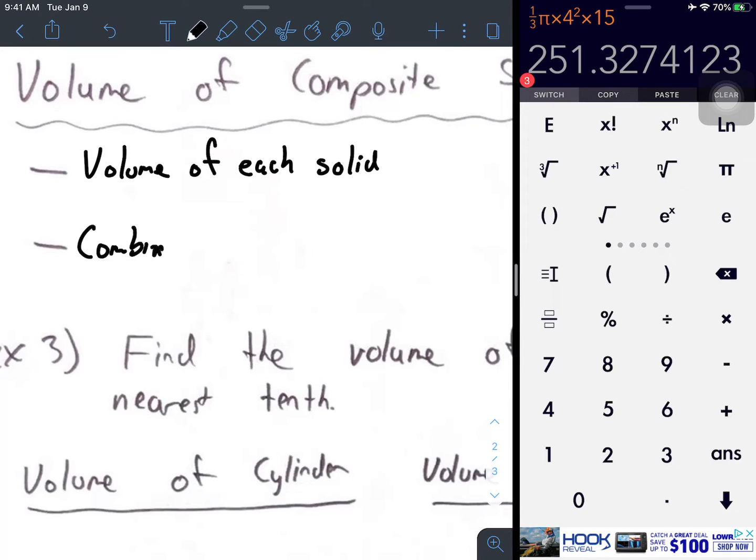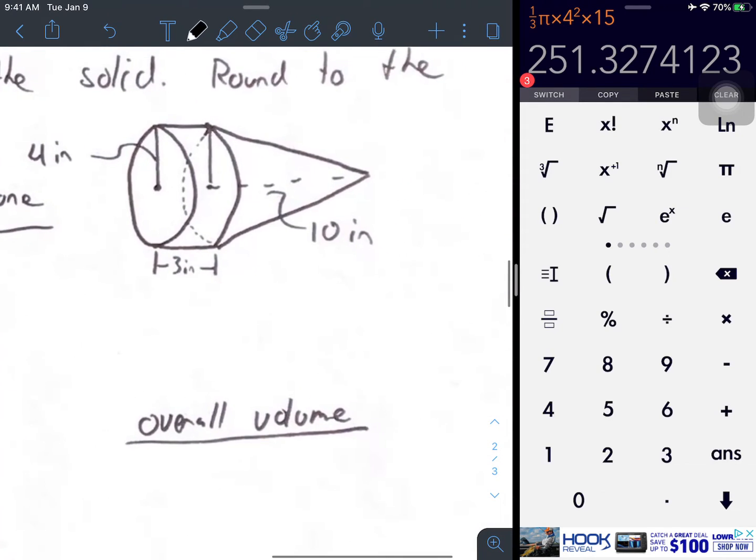Now, in some cases, we are going to be adding. For example, in this one here, we have a cone being added on top of a cylinder.